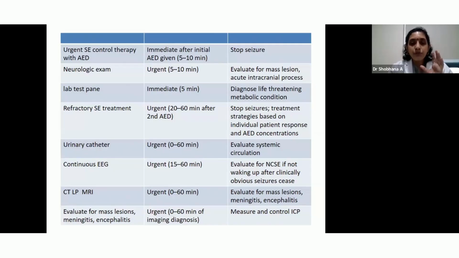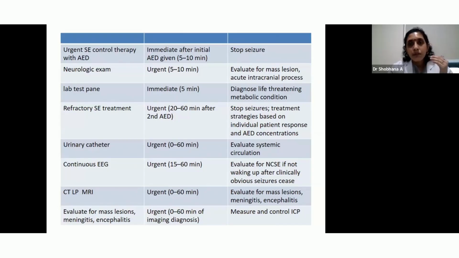Suppose they don't respond to the first anti-epileptic drug. Then, depending upon their response, you can choose the second drug. Of course, you must put the urinary catheter in place as early as possible and ask for an EEG. Of course, continuous EEG is a luxury in most cases, and not in all neurocritical care units do you have continuous EEG, right?